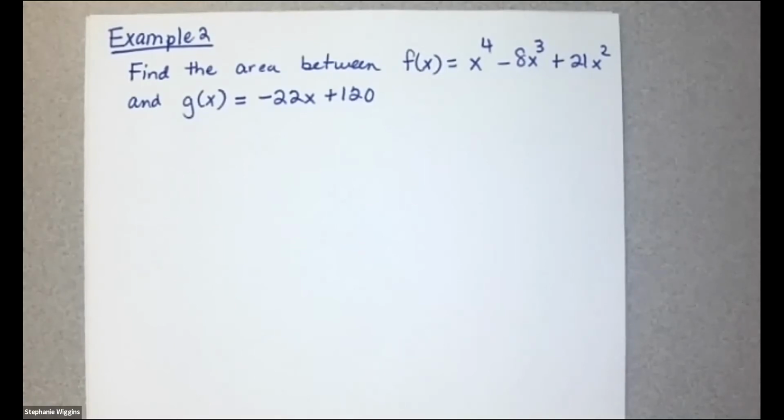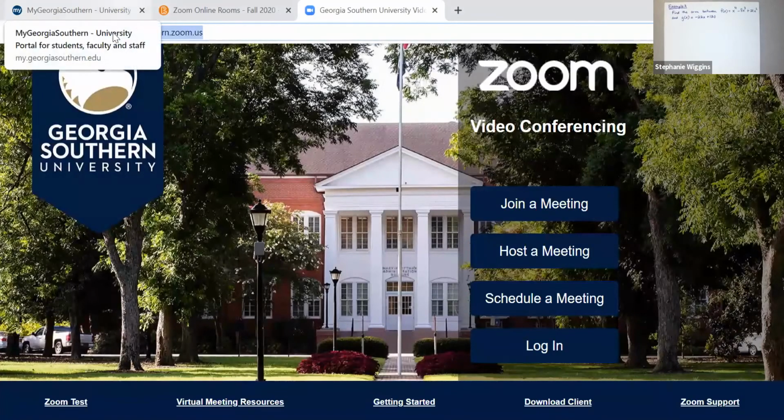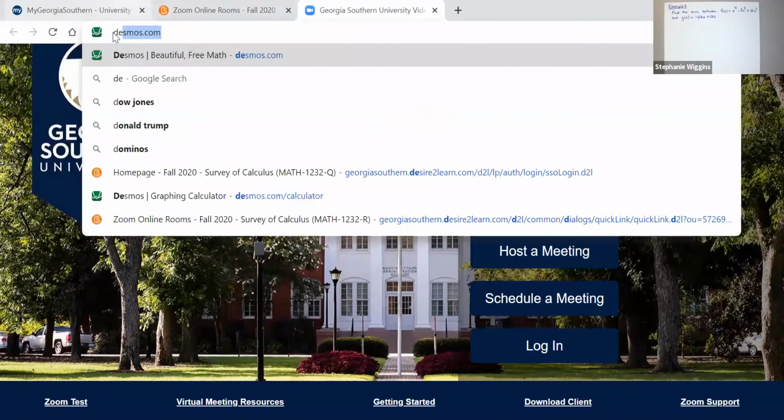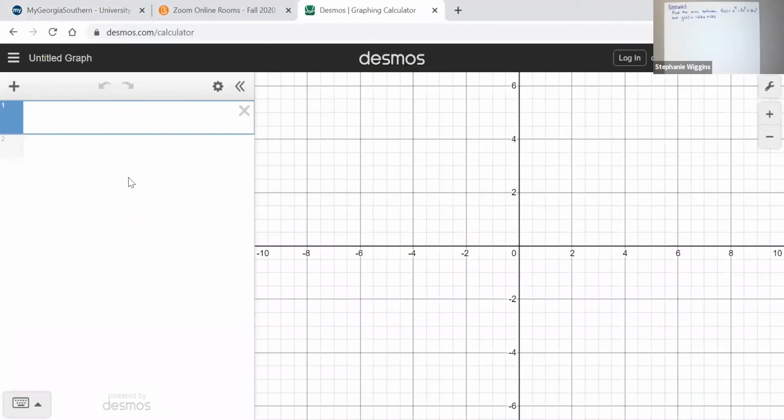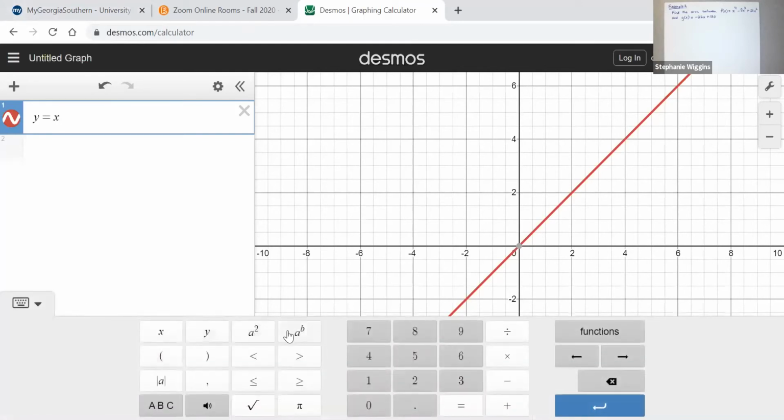So I'm just going to go to Desmos, since sometimes it helps you to see that better rather than looking at my picture. If you're using Desmos to do this, you are going to type in y equals, and f was x to the 4th. Don't forget this little tab down here will help you get your exponents.